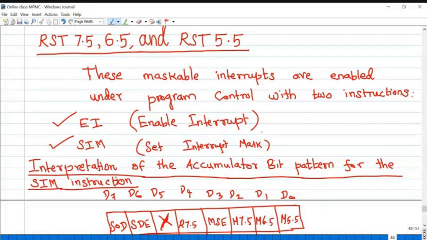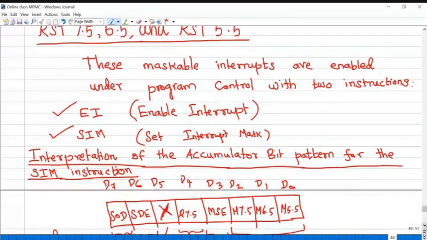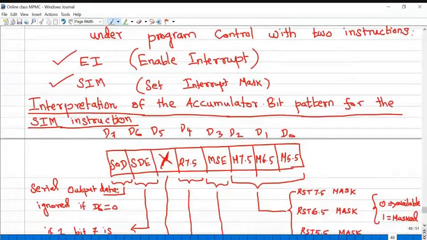Suppose the programmer wants to mask a particular interrupt, either 7.5 or 6.5 or 5.5, or more than one interrupt, then we can use the SIM instruction, set interrupt mask. Whenever you execute the SIM instruction, the processor will read the accumulator content.